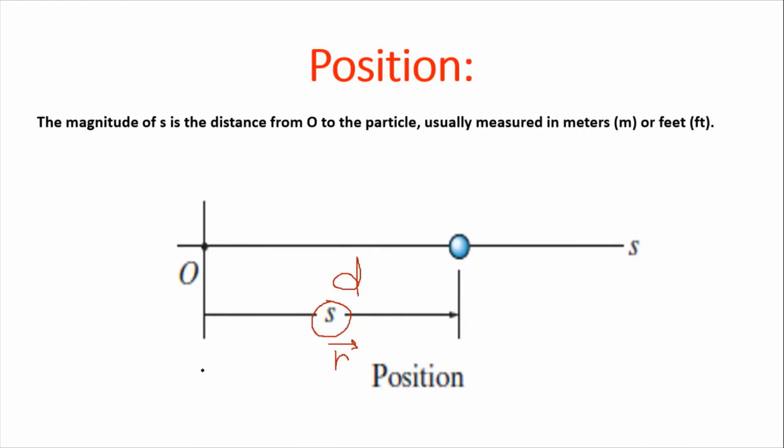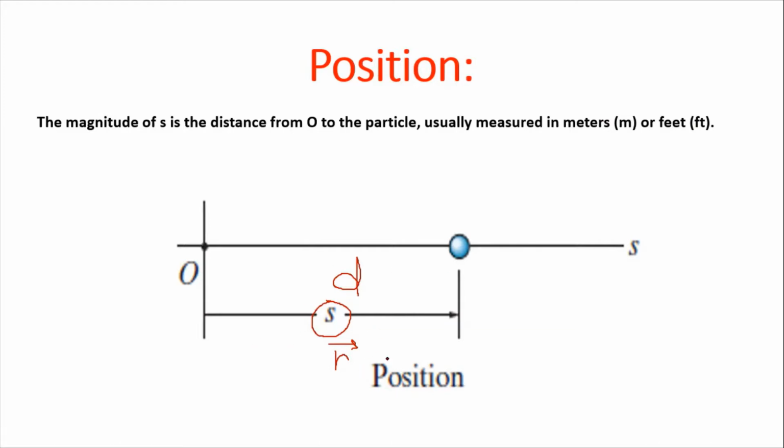It is up to you whether to represent it with s, d or r. It is the position of a particle from the origin, and it must be in meters in the metric system, or in feet if it is the foot-pound-second unit system. So this is the distance of the particle from the origin up to here, that is s.